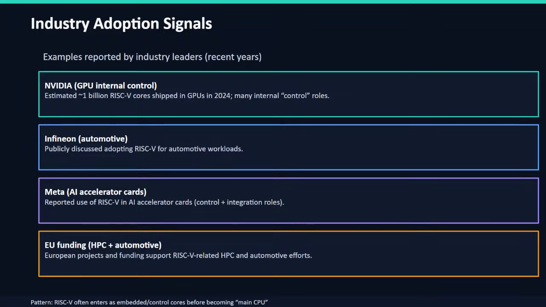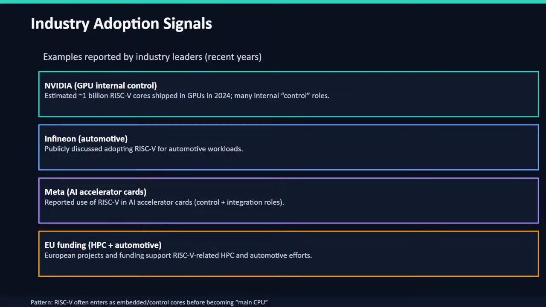Let's take a look at adoption signals. Basically, where RISC-V is showing up in the real world. One major example is NVIDIA.